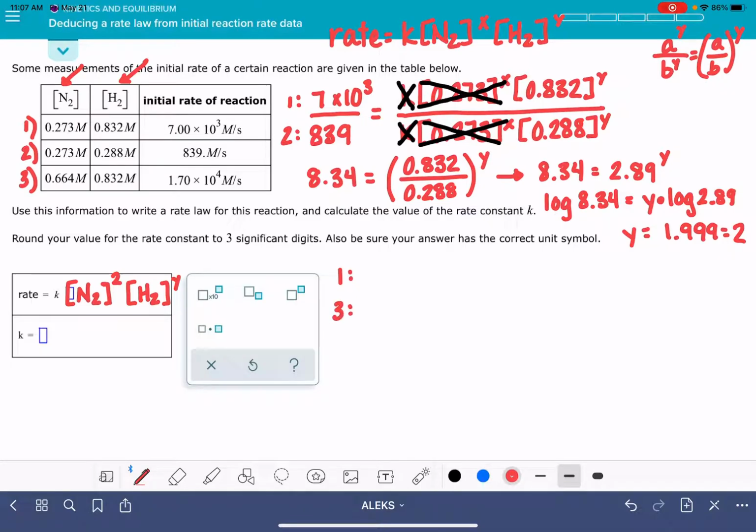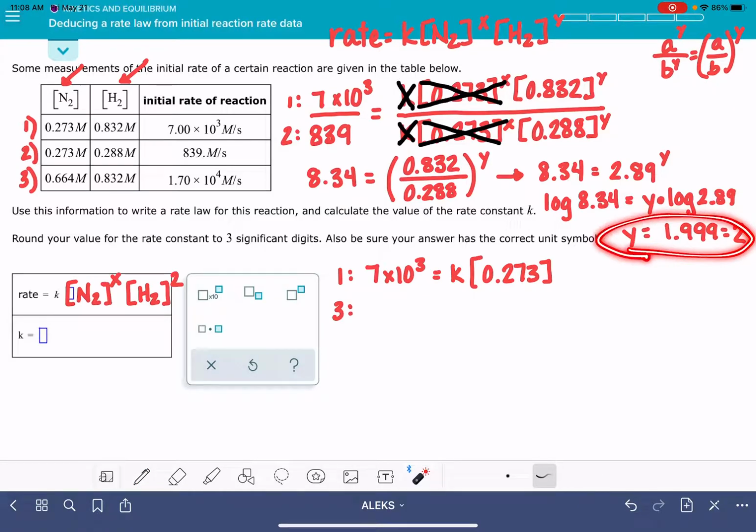For data set number 1, the rate is 7 times 10 to the third. The rate constant, K. Our concentration of N2 is 0.273, and we know now that that exponent is, oh, you know what I did? I made a mistake here. Y is 2, not X. Almost made a mistake there.